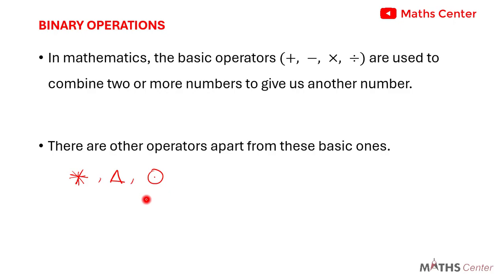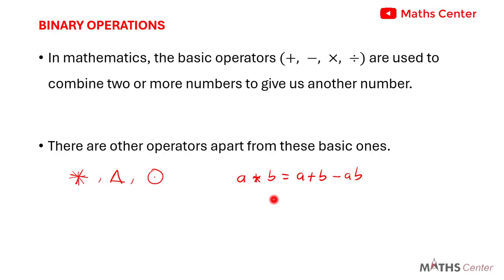For example, let's say you are required to use the operator star. The definition of the operator star will be given to you. For example, let's say A star B is equal to A plus B minus AB. This is the definition of star in this instance.